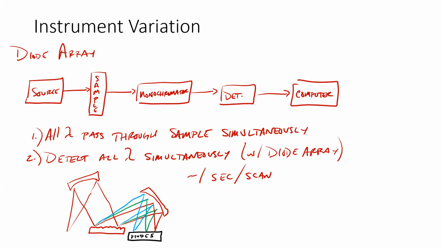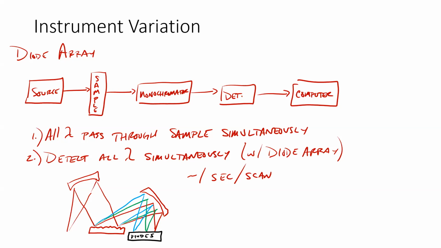So if you're going the whole 600 nanometers from say 200 to 800 nanometers on a UV vis, and it's in a 4 nanometer bandwidth, that's 200 steps. So you're talking about 2 or 3 minutes per scan versus 1 second per scan.